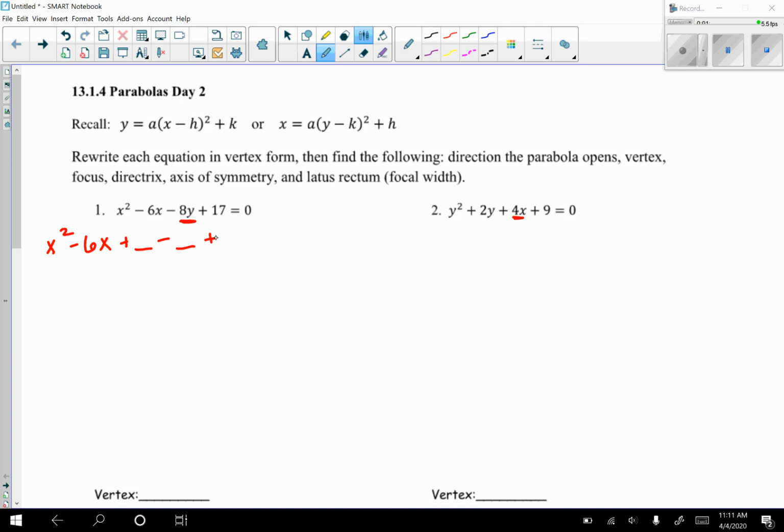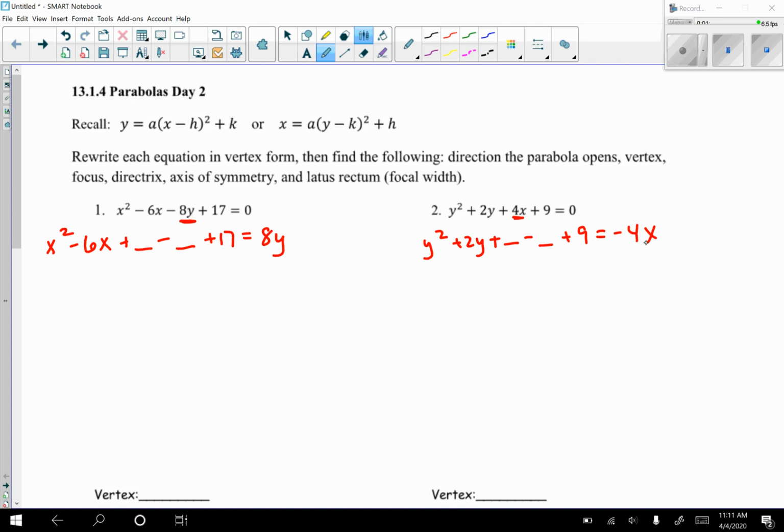And then we have plus the 17 is equal to, and we're going to add the 8y to the other side, so equals 8y. If I was doing this equation over here, I would write y squared plus 2y plus blank minus blank plus 9 is equal to negative 4x.